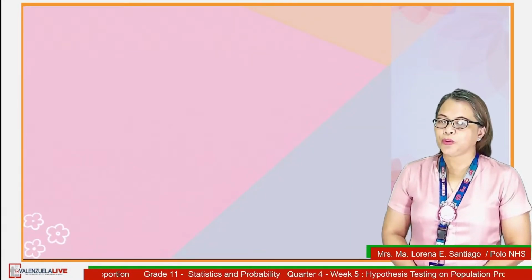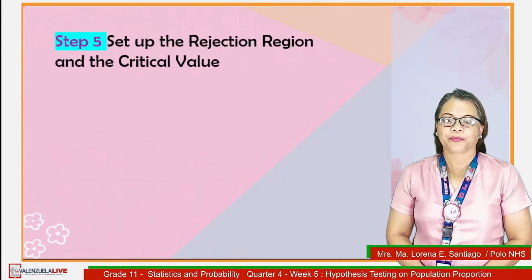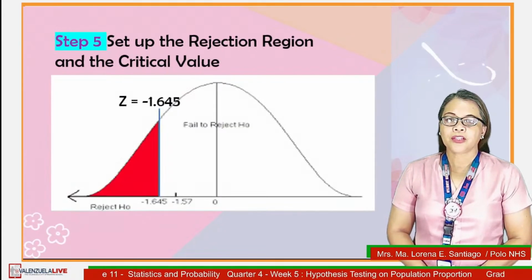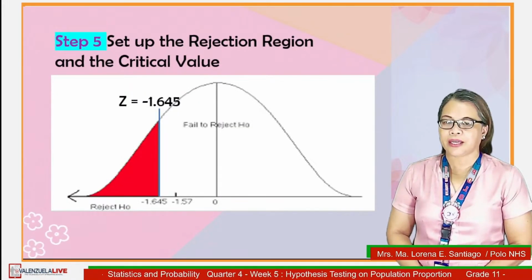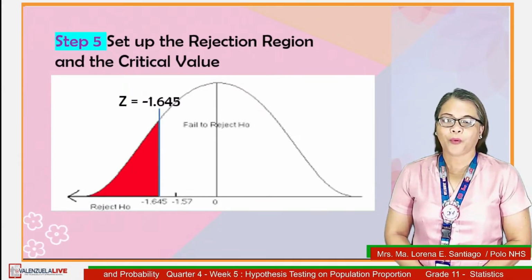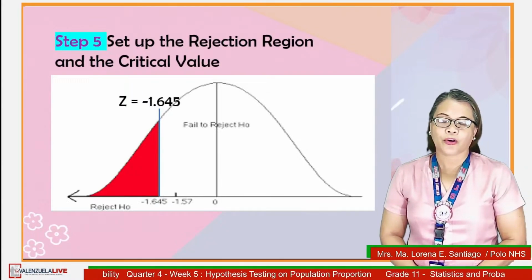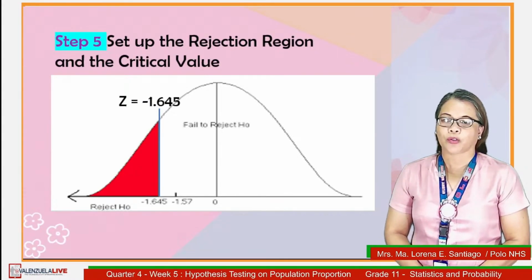So the next step would be to set up the rejection region and the critical value. Since we are using the left-tail test, then the critical value z equal to negative 1.645 will be in the left side or leftmost part of the distribution.